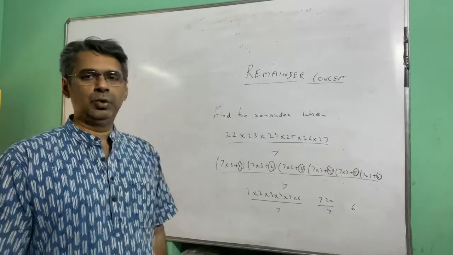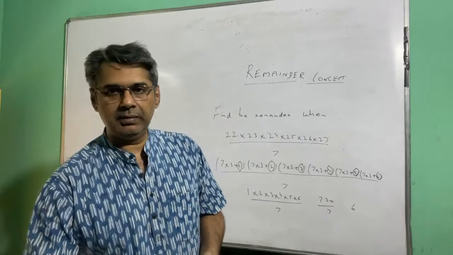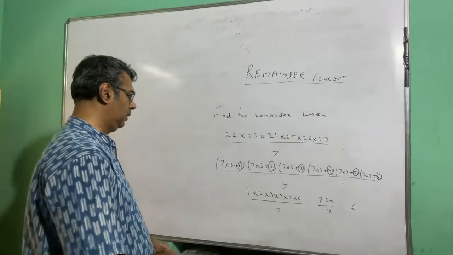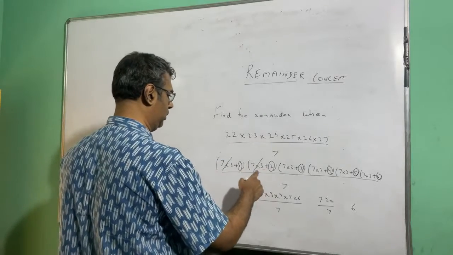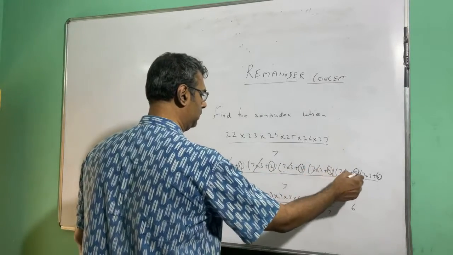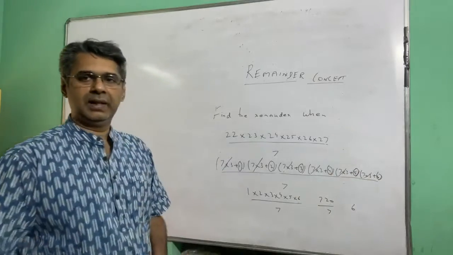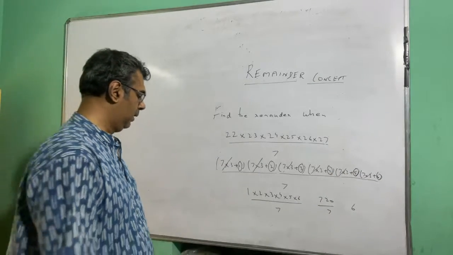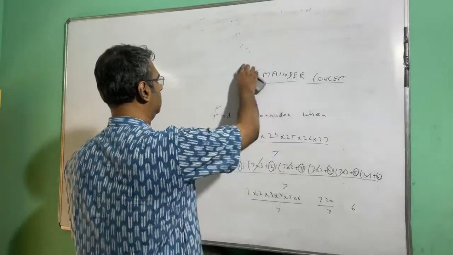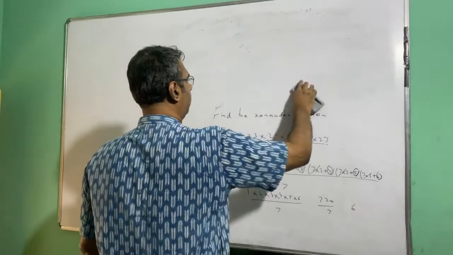You may also think that you are just dropping all the multiples of 7. This is the way to do the remainder concept.